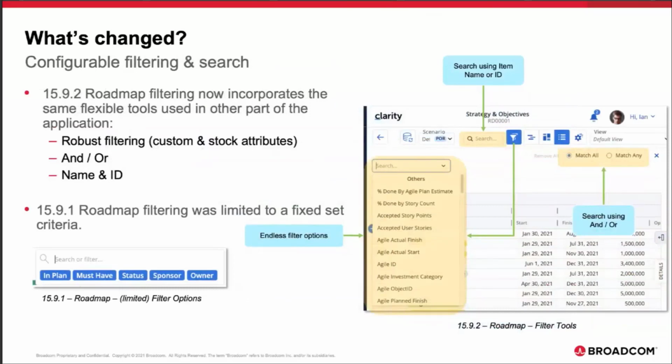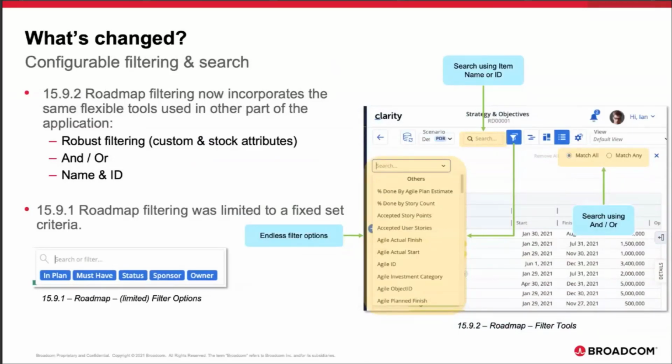With a little more detail here on the configurable filtering and search. So as I mentioned, the roadmap filtering is now there. You've got that powerful filtering with support for custom and stock attributes, and/or, which is essentially the match all and match any feature that was introduced in the previous release as a common grid element.